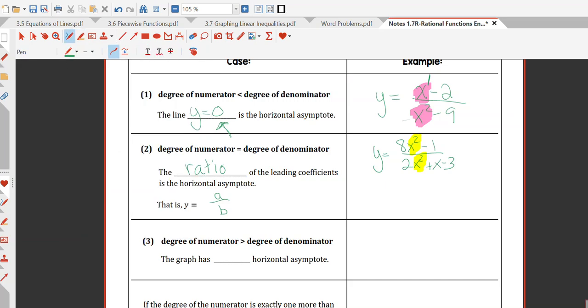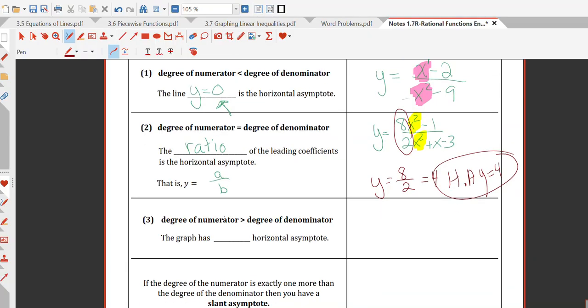So if the degrees are the same, you're going to look for the leading coefficient, take the ratio, and then the horizontal asymptote would be y equals 4.